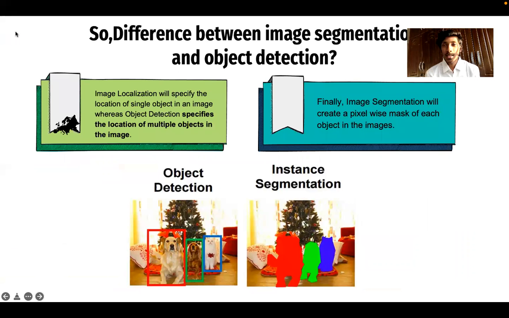The difference between image segmentation and object detection: you can see the images at the bottom. Image segmentation will create a pixel-wise mask of each object in the image, which is instance segmentation. It will specify the location of a single object in an image, whereas object detection specifies the locations of multiple objects in the image.